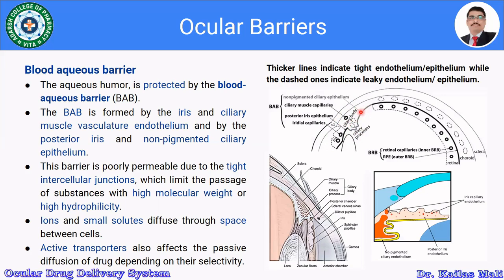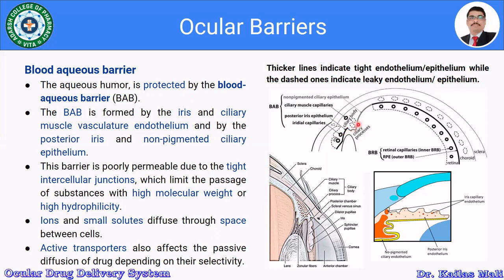This is the non-pigmented ciliary epithelium. Then these are the ciliary muscle capillaries. Then the posterior iris epithelium and the iridial capillaries. So this is the iris, right? This is the anterior chamber, and here the posterior chamber is present.